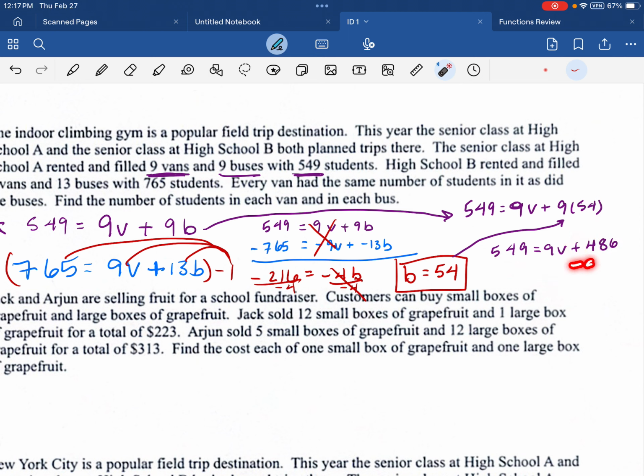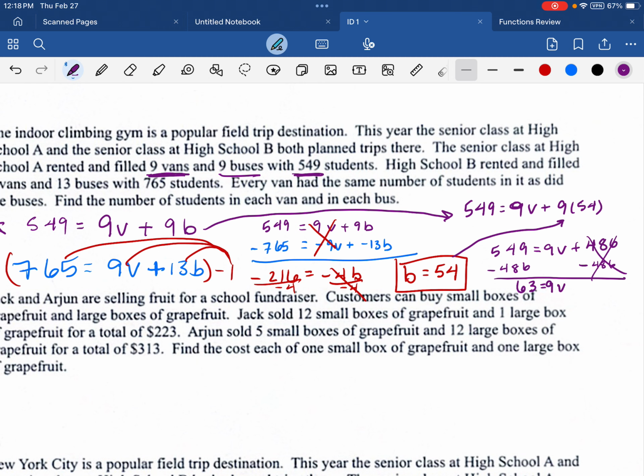Well, it's a positive, so I bet I'll minus 486 from both sides. So again, I'm pulling out my calculator, and I am typing in 549 minus 486 on both sides. Chop, chop. And I get 63.